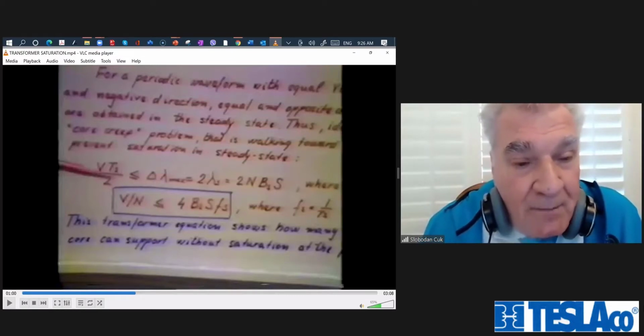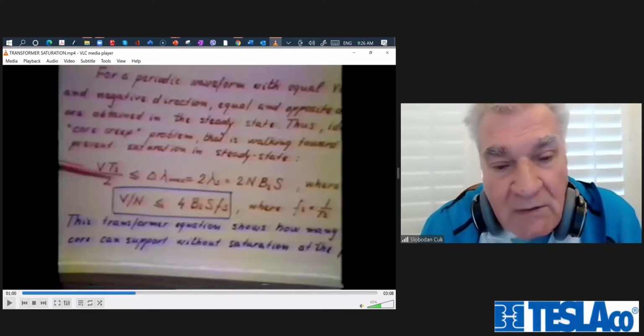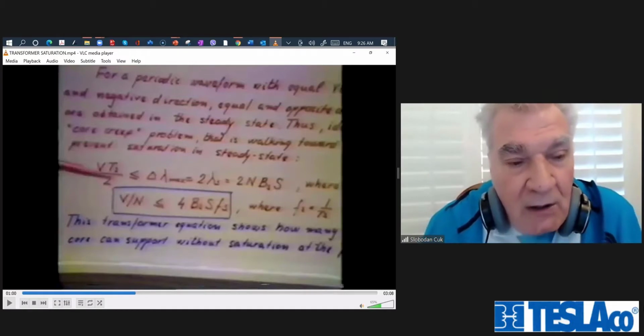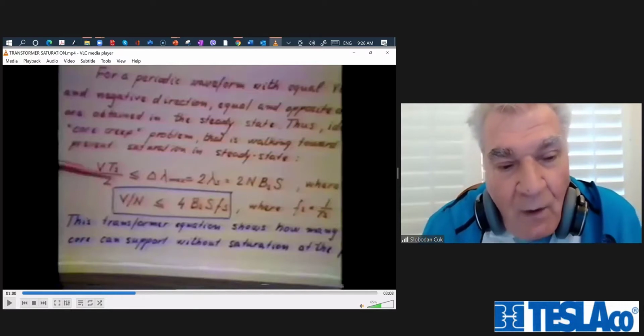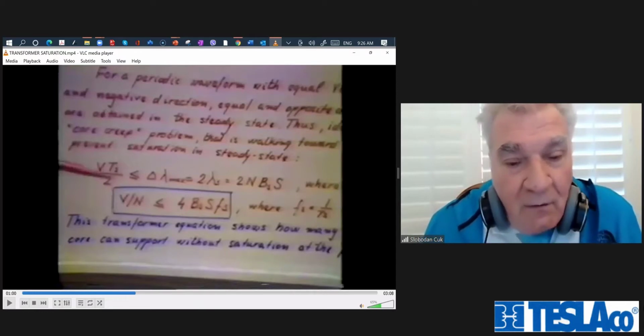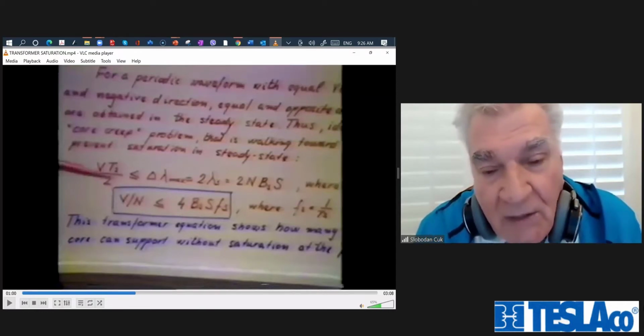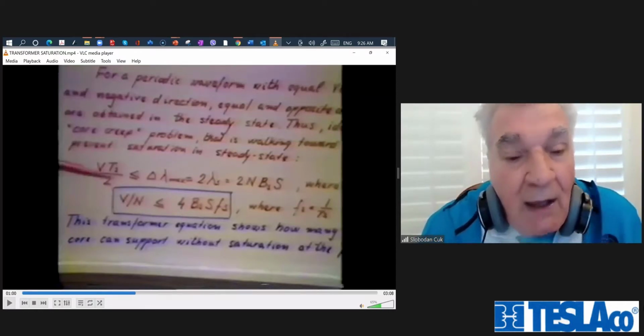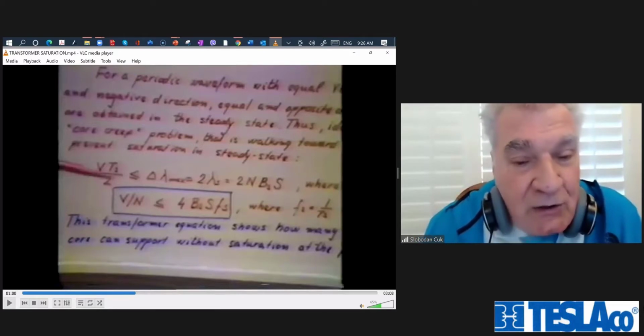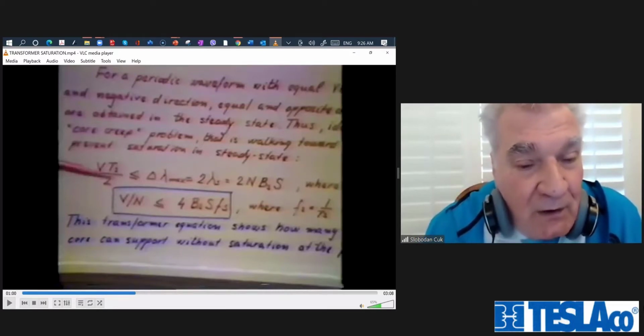In fact, my current work is dramatically changing, in the sense that after so many years, I figured out the proper way of using a transformer such that we can truly get 50 or 100 times reduction in the size of the magnetic core, and still at 100 kilohertz, which is the only operating frequency we could use.